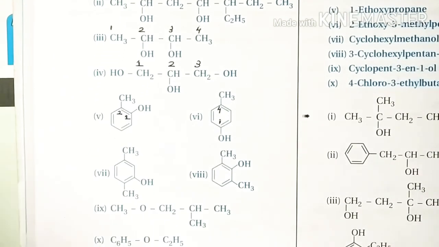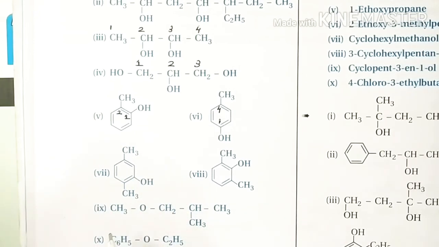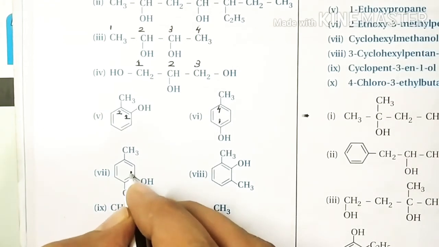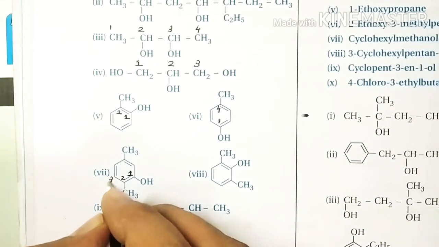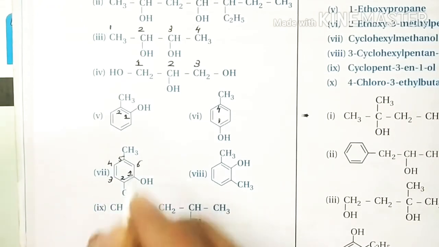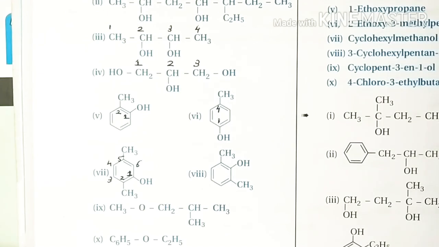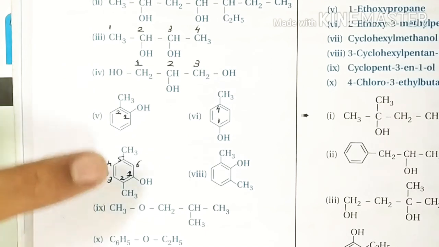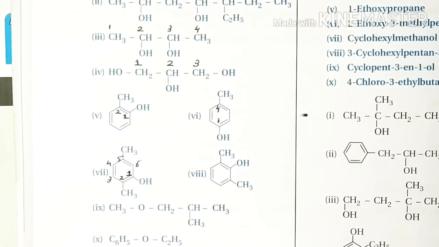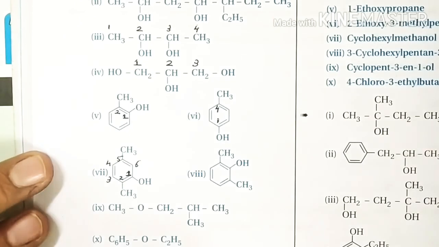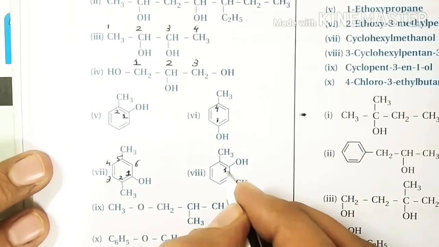In the 8th structure, first we have to give the least number to OH. Now we number 1, 2, 3, 4, 5, 6. So the name of this compound is 2,5-dimethylphenol.